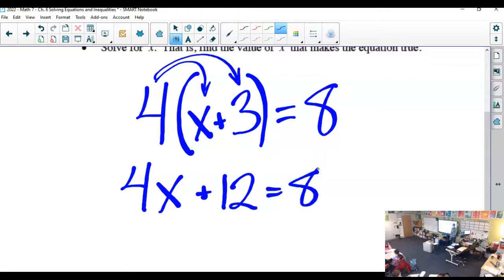equals 8. Now, any volunteers for what I could do on both sides? Any new volunteers? Antonella? Or Amanda? Sure. What would you do on both sides next? Yeah, get rid of the 12, minus that 12.